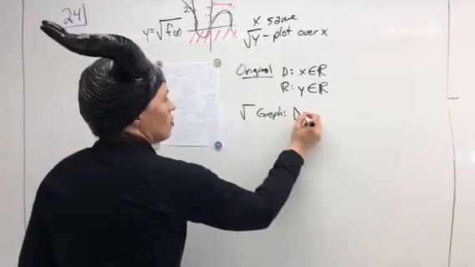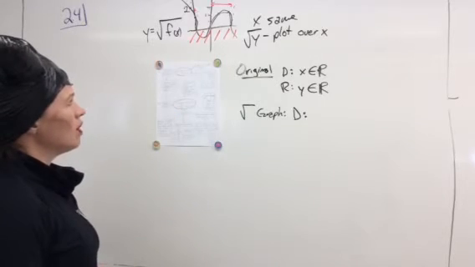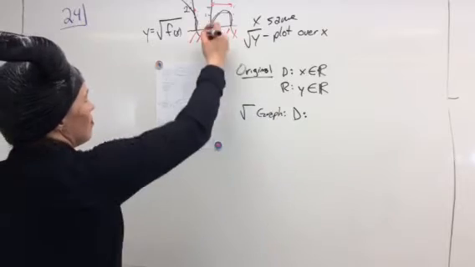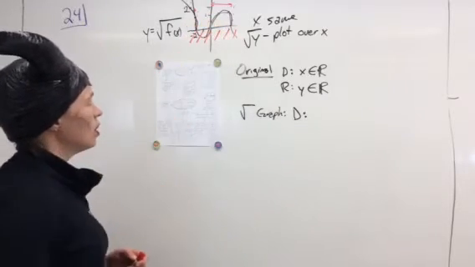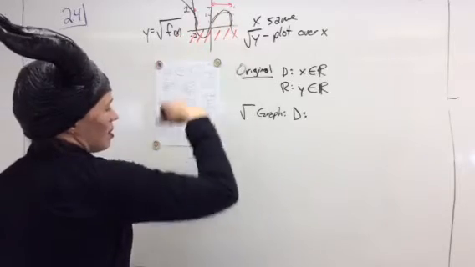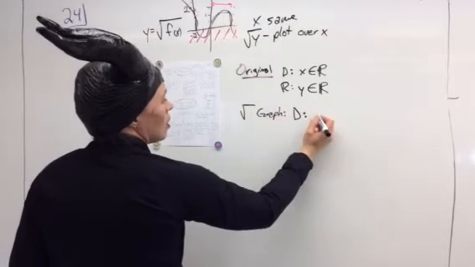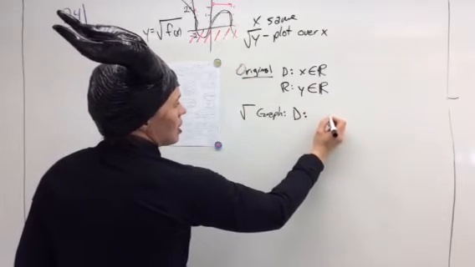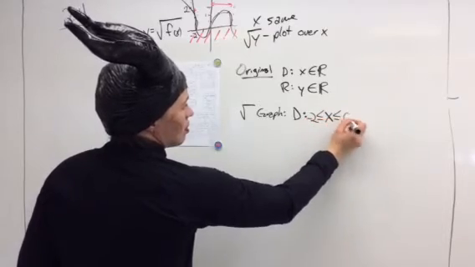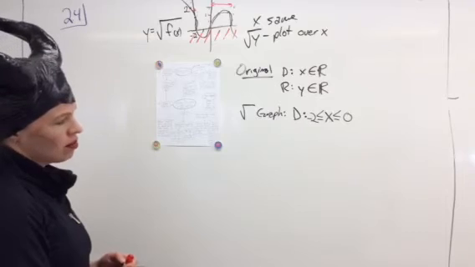If I look at the domain, I am interrupted right here. There are no values for x between 0 and, let's say that's a -2. We would say that x is in between -2 and 0.